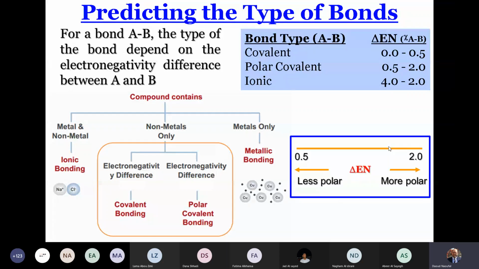Or we can say the first is more covalent than the second, or the first is less polar than the second. So as we approach 0.5, the covalent character increases. As we approach 2, the polar covalent or ionic character will increase.